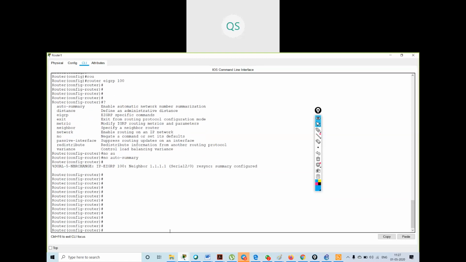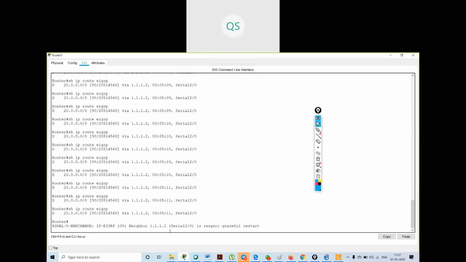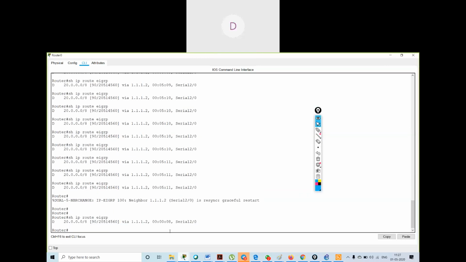Let me check, I can try it again. Why is it not giving me the output?